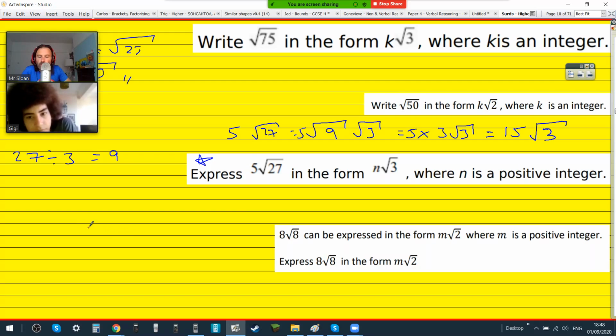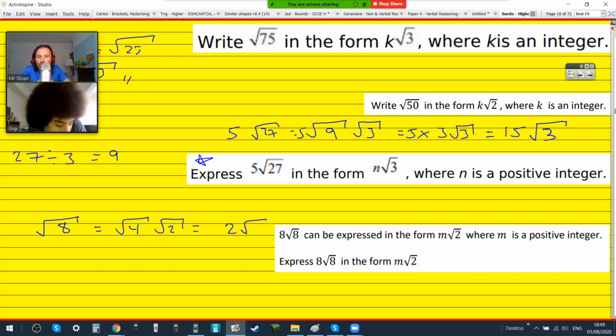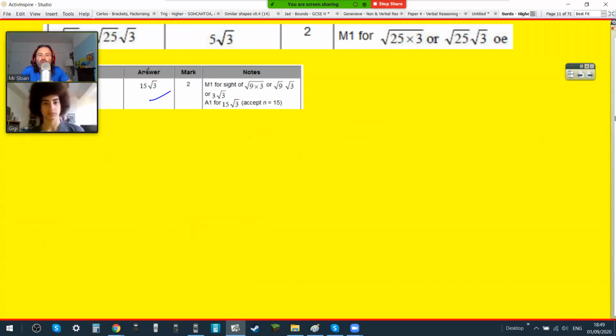And root 4 root 2, which will be 2 root 2. Yeah. And then you would times 8 by 2, should be 16. So it'll be 16 root 2. Well done. And it's a bit confusing that it was 16 and not root 16, you know. Yeah. That one is 16 root 2, 15 root 3, 15 root 3.